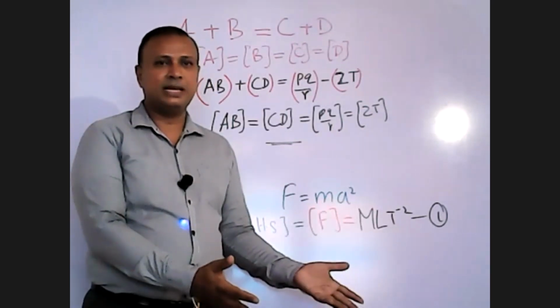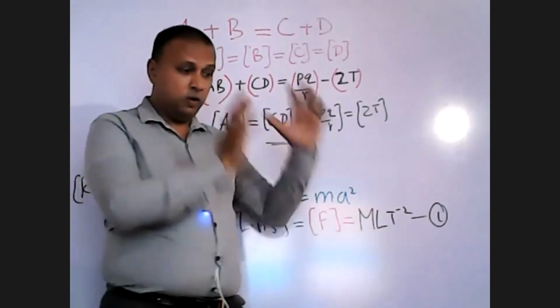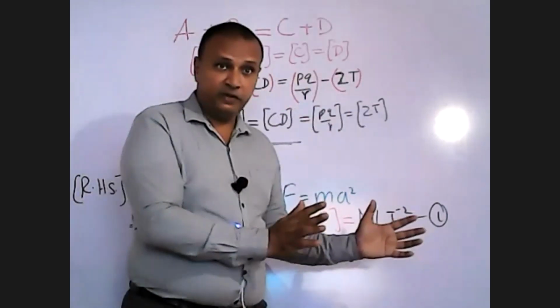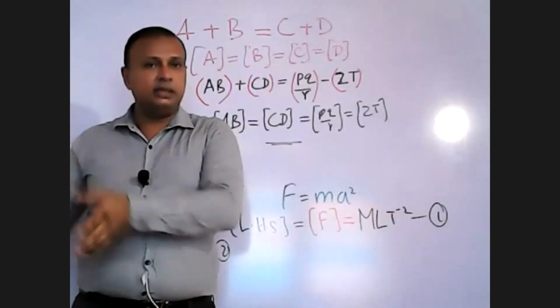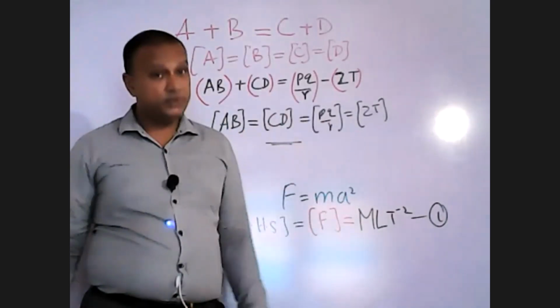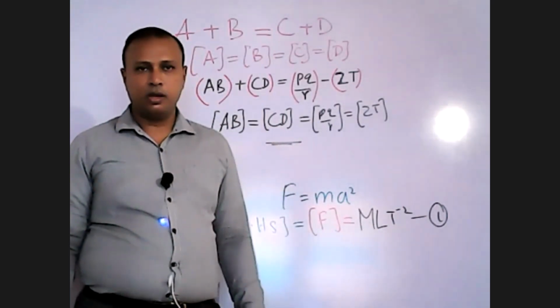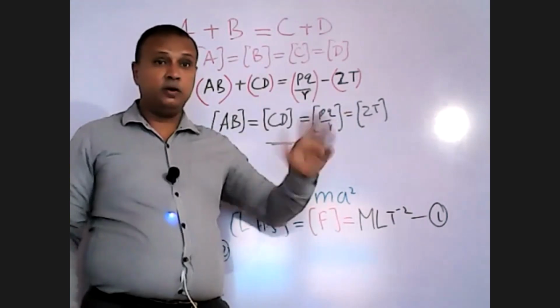Those are different physical quantities. Kilogram mass is a different physical quantity. Time is another different physical quantity. So we cannot add or subtract 2 different physical quantities. But we can multiply or divide.